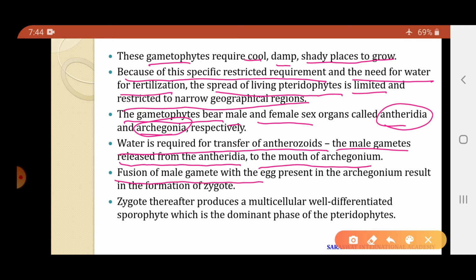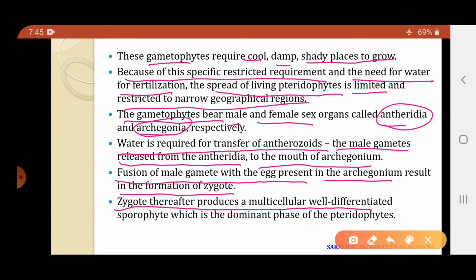Fusion of male gamete with the egg present in the archegonium result in the formation of the zygote. So antheridium will release the male gamete, that male gamete that is antherozoid will move to the mouth of the archegonium in the presence of the water and then it fuses with the egg to form the zygote. The zygote thereafter produces, now zygote it is diploid.